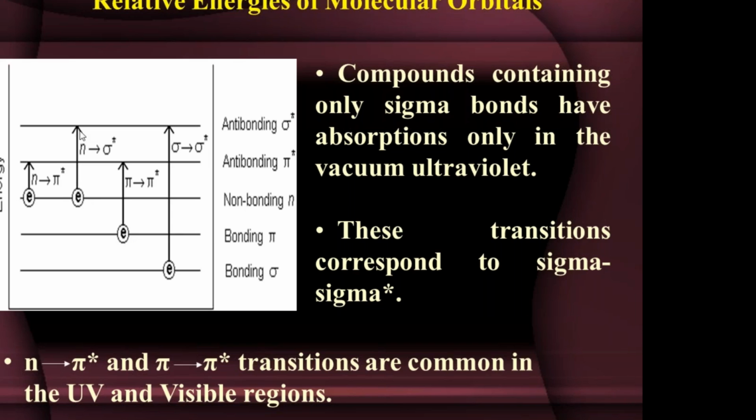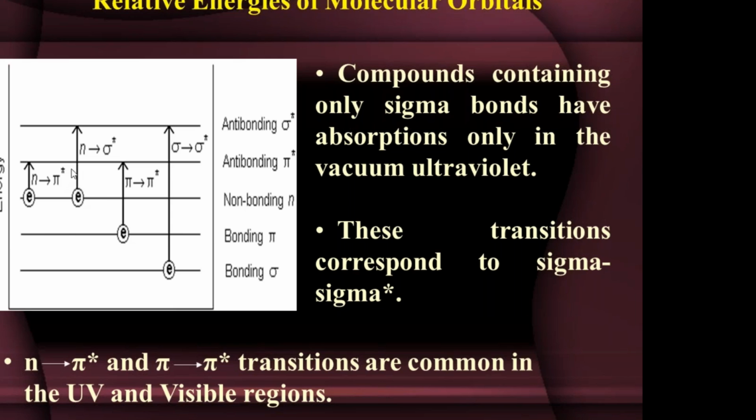The n sigma star transition for some molecules may involve an energy which corresponds to the UV region, so it may take place in the UV. Generally, for most molecules, this is seen in the vacuum ultraviolet region. For some molecules, it may be seen in the UV region, that is at wavelengths greater than 180 nanometers, 180 to 380.